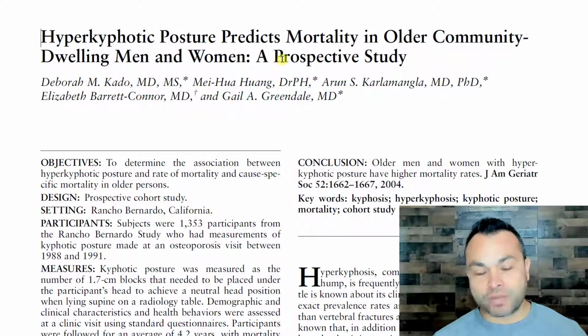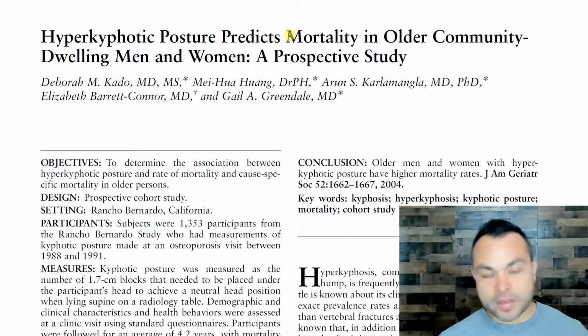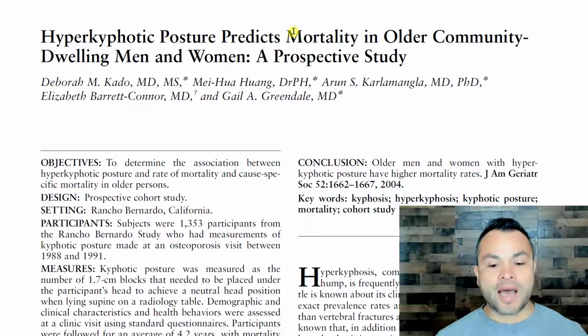So again, this particular paper, very, very important. And here's a few key points. Number one, this study shows that hyperkyphosis is not primarily caused by osteoporosis or stress fractures. Number two, hyperkyphotic posture is more common in men than women.